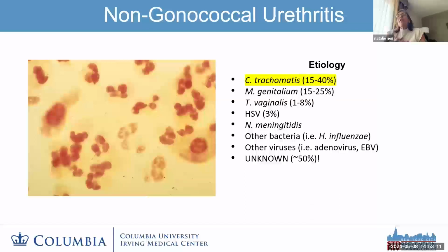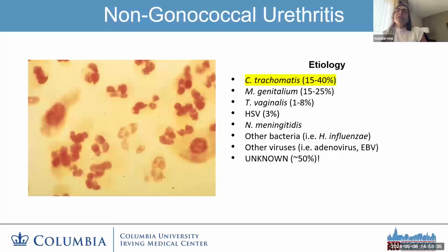So this brings up, what could she have? She already reported she had chlamydia. She could have gonorrhea. She's not reporting any symptoms. We know women are mostly asymptomatic. But chlamydia is one of the more prevalent organisms, and we see that here, 15 to 40% in causing non-gonococcal urethritis.